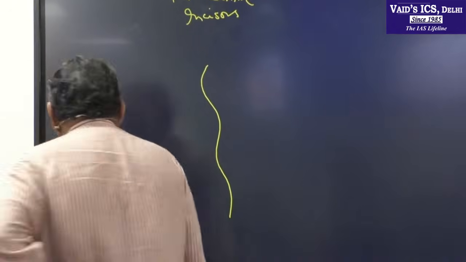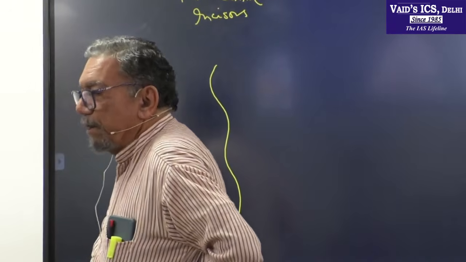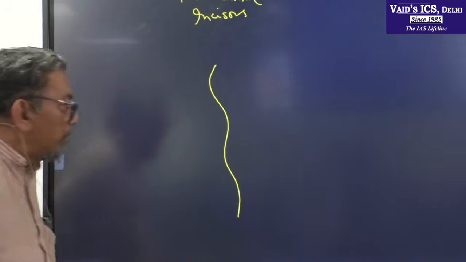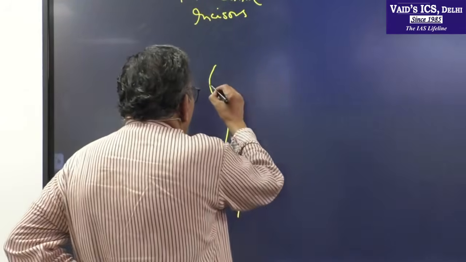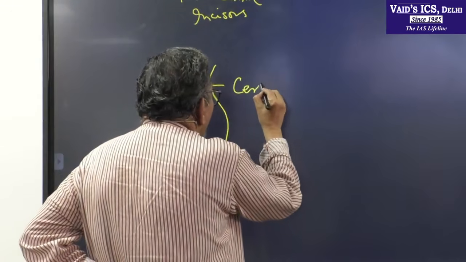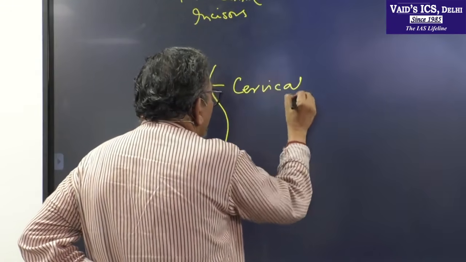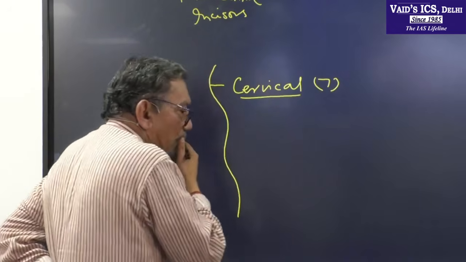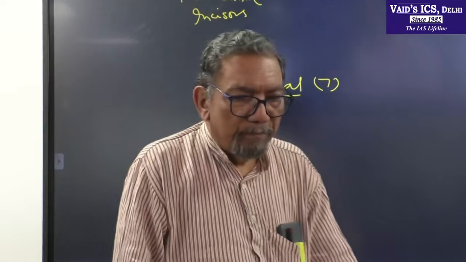If I am standing like this, then this is the shape. The first 7 of these vertebrae are called cervical. 7.